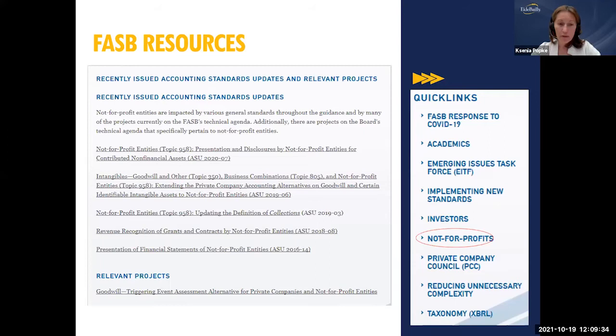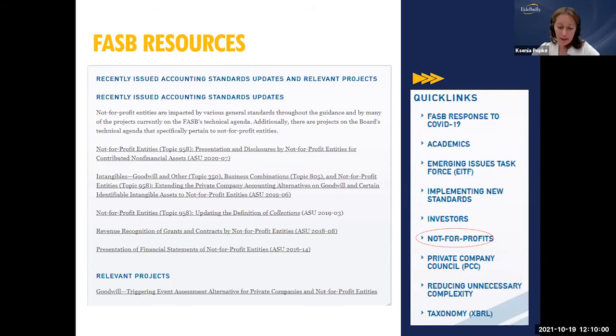And those two standards actually simplified the accounting for goodwill and the accounting for certain identifiable intangible assets, but only for private companies. And with this particular topic 350, ASU 2019-06, the standard actually extends the private company accounting alternative for goodwill to not-for-profit entities.